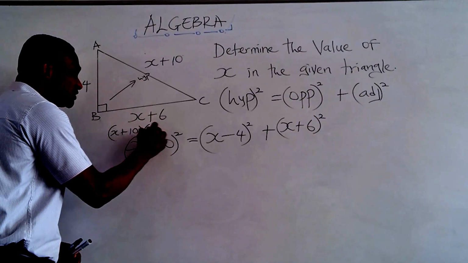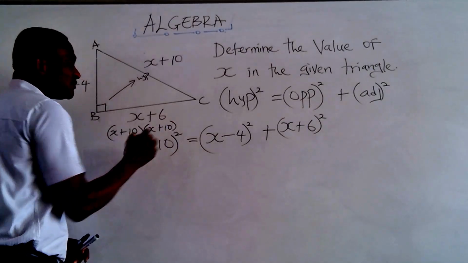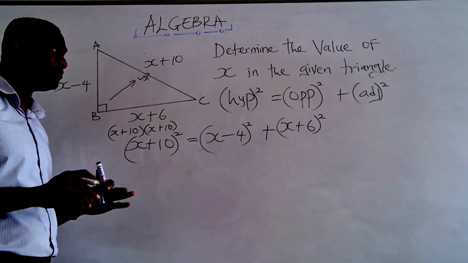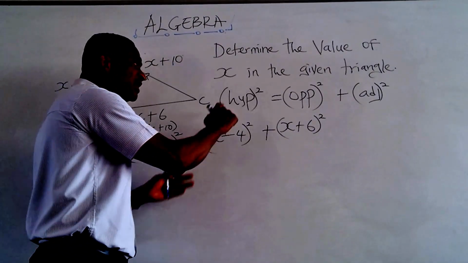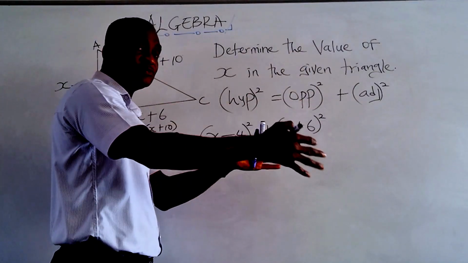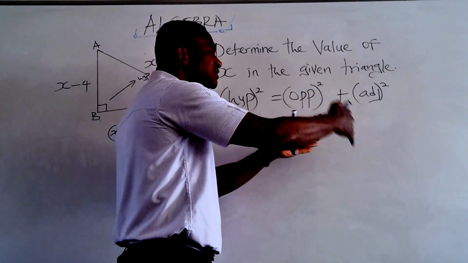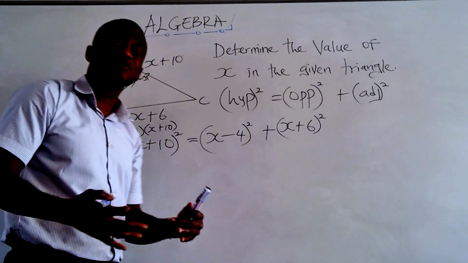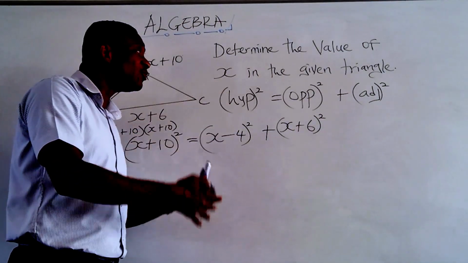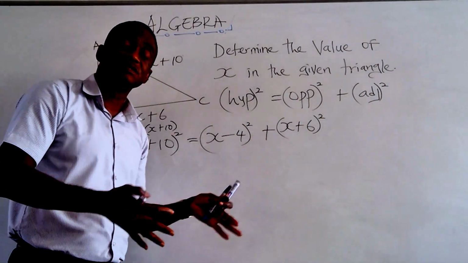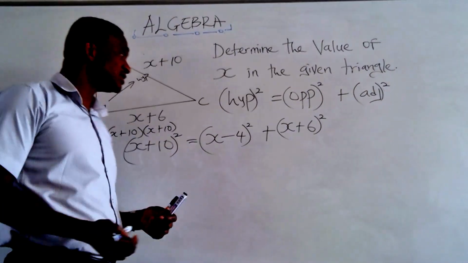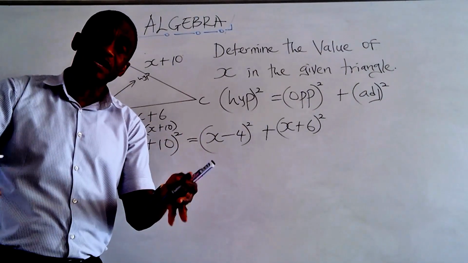So this is x plus 10, x plus 10. That's the right way to expand. This is going to be x minus 4, x minus 4. This is going to be x plus 6, x plus 6, because they are asking us to break down whatever the content of the bracket is. Break it down into two places, as multiplied by itself.